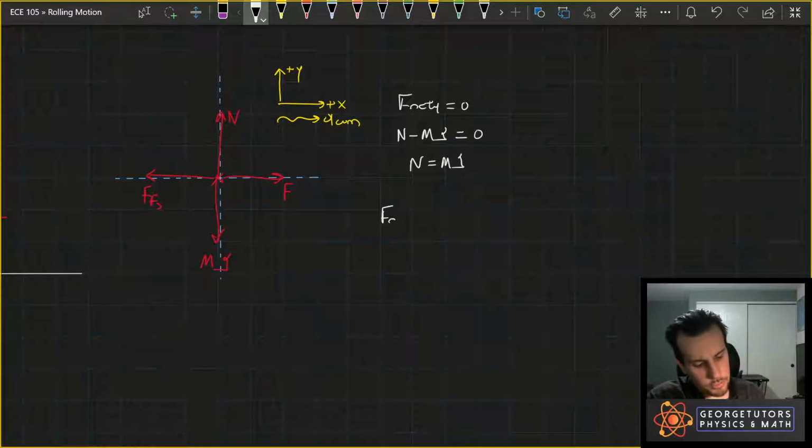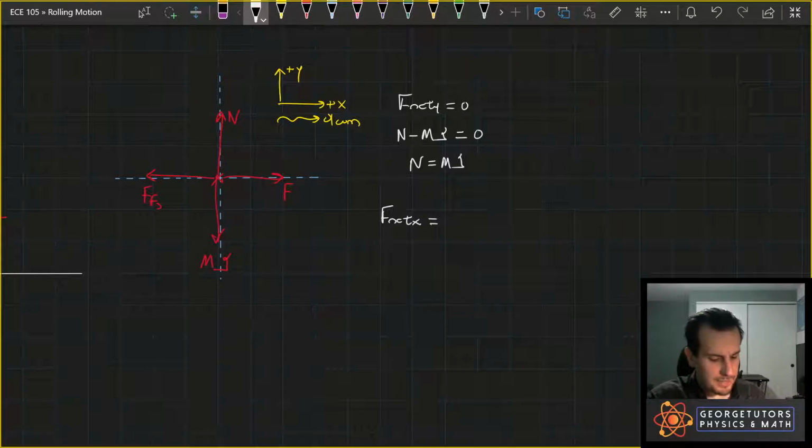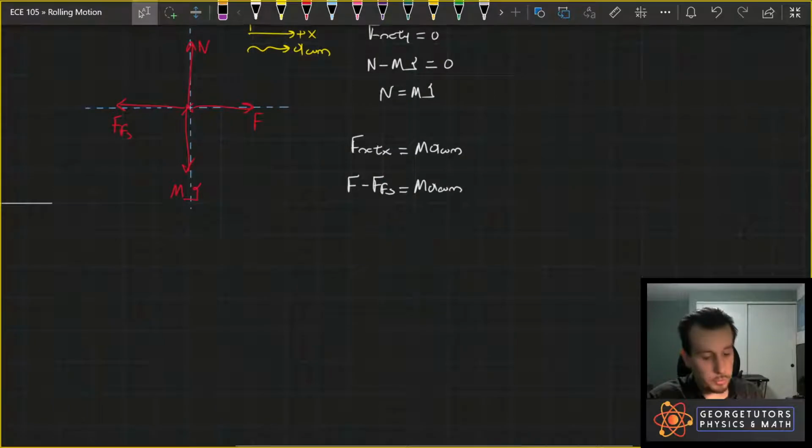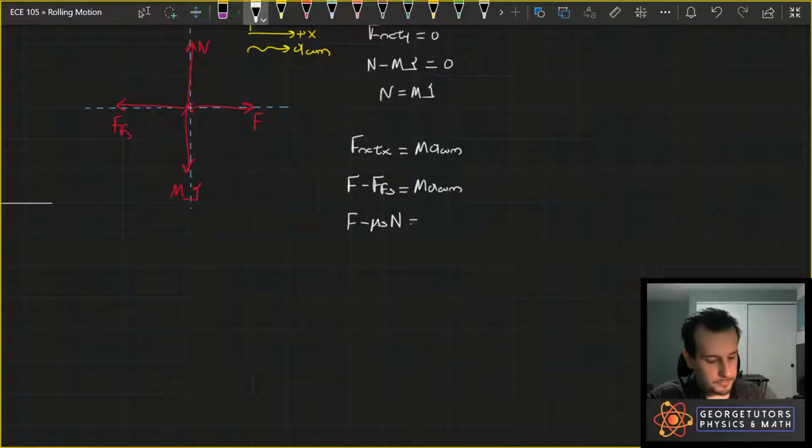In the x direction right now, we know there is an acceleration. That acceleration is A com. And F net x right now involves F, which is the applied force, minus the frictional force. And we're going to equate that again to M A com. The frictional force, though, you can replace, obviously, with a coefficient of friction times the normal. And then the normal itself, you can replace with what we found up here.